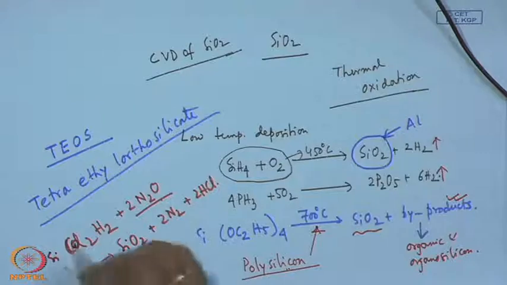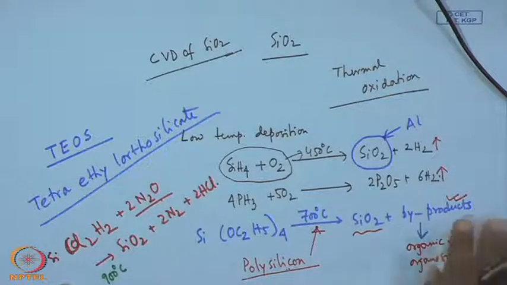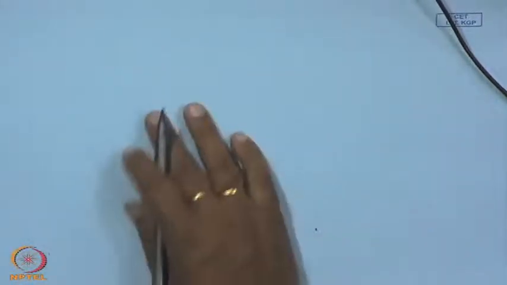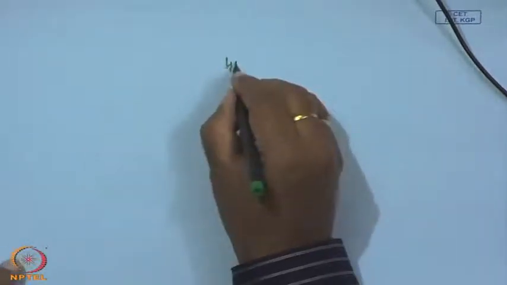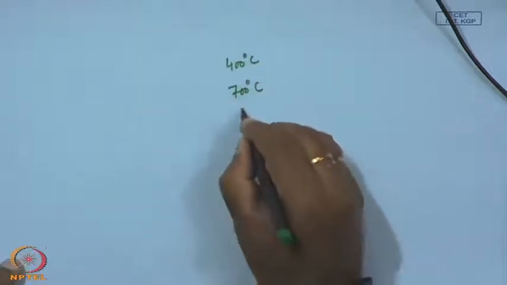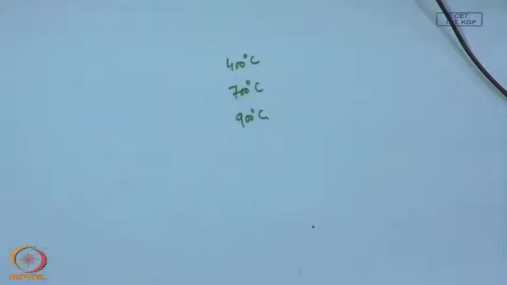Okay. So, this is basically the high temperature growth, where the temperature is almost 900 degree centigrade. So, three different temperatures we have used: one is 400 degree centigrade, another is 700 degree centigrade, and the third one is 900 degree centigrade. Three different precursors also we have used.